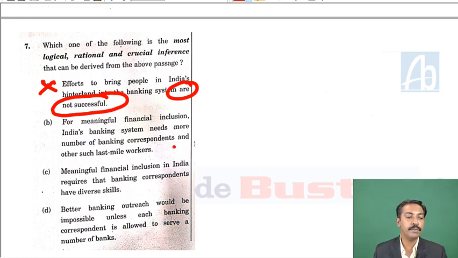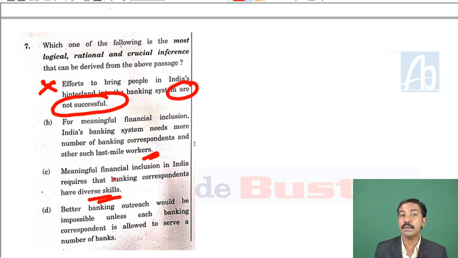Option B: for meaningful financial inclusion, India's banking system needs more banking correspondents and other such last mile workers. This is really a tricky option. There is a chance that you might consider this to be a choice. We can hold it for a while. Option C: meaningful financial inclusion in India requires that banking correspondents have diverse skills. This can be eliminated.